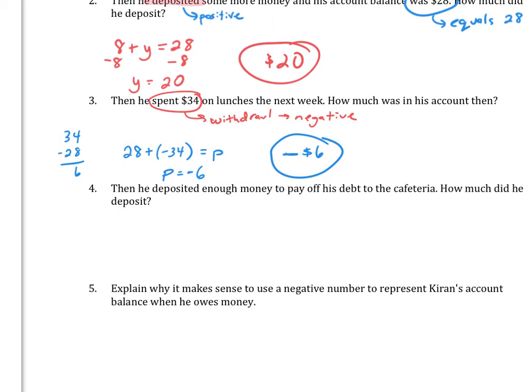Now, wait a second. You might say, well, that's not possible. You can't have a negative amount in a bank account. And yeah, that's kind of correct, right? Negative money is not physical. You can't hold it. It's one of those kind of abstract things. But it is possible to have a negative amount in any kind of account. When this happens, this is called debt.